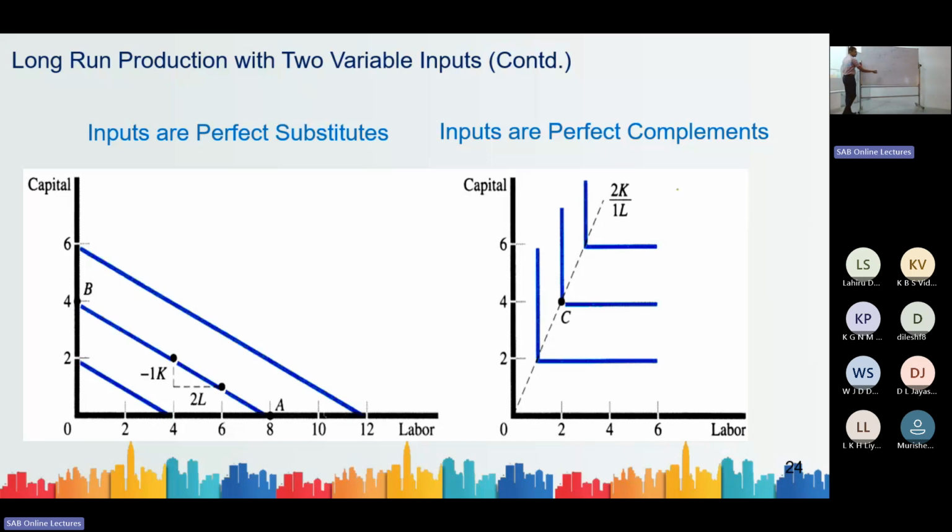But labor input remains constant. By doing so, the firm moves its production point from point B to point G.